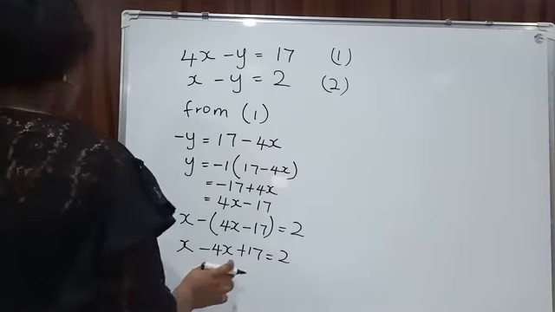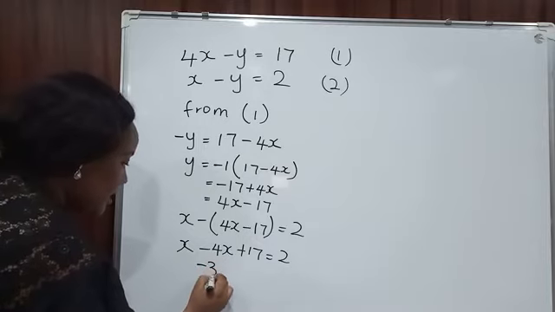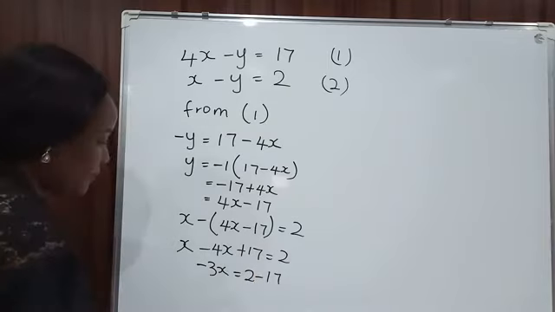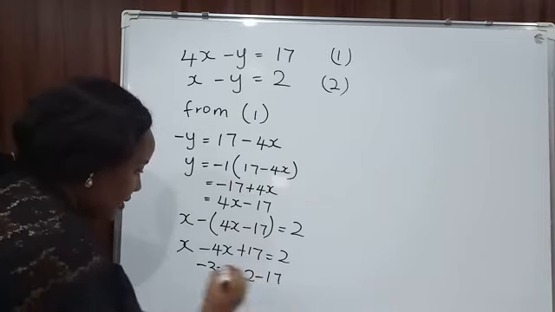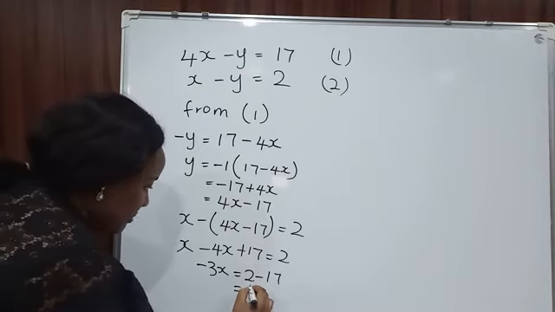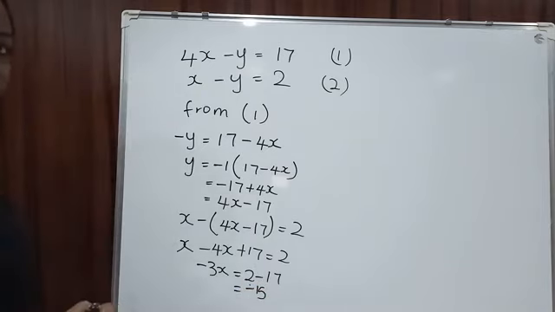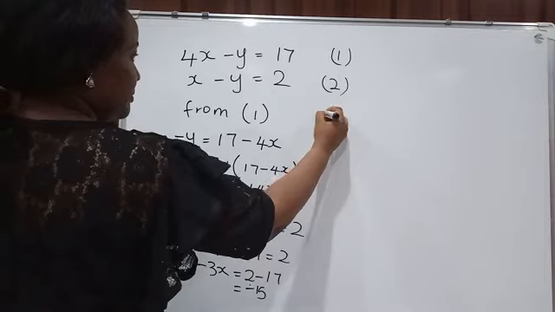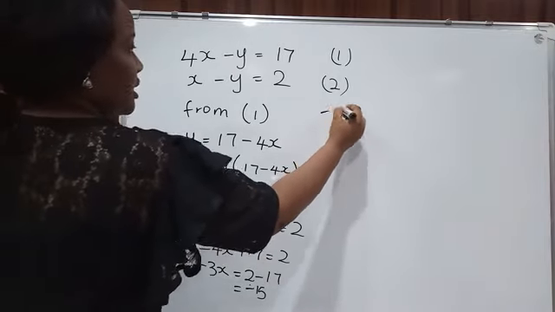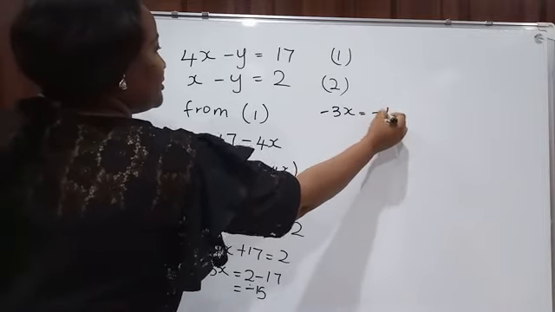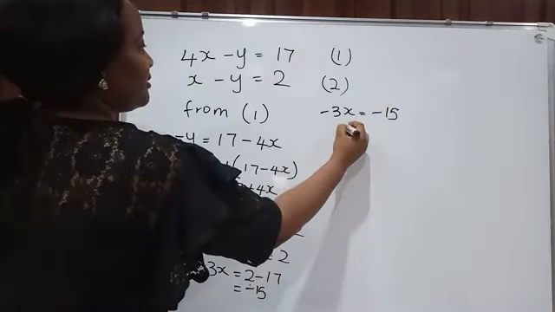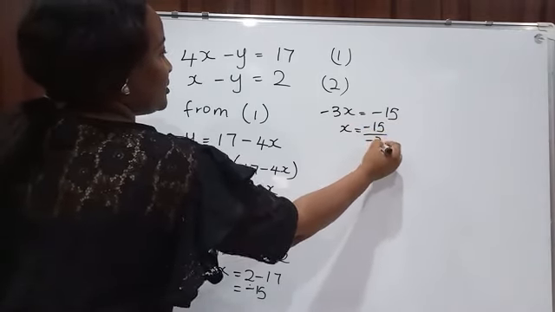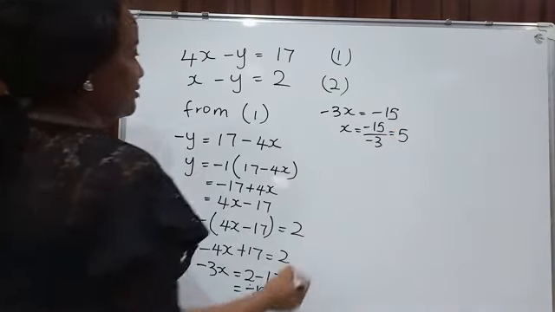Collecting like terms together, you have minus 3x equals 2 minus 17, which is minus 15. So minus 3x equals minus 15. Divide both sides by minus 3, and you have x equals minus 15 over minus 3, which gives us 5.